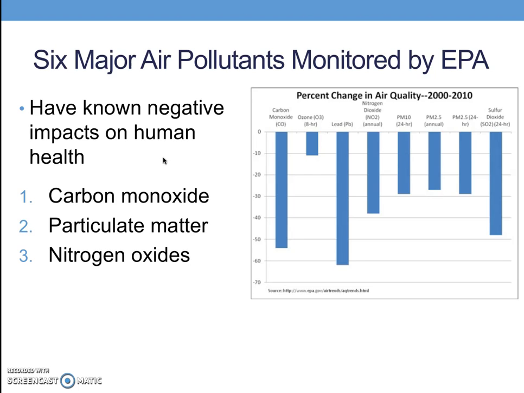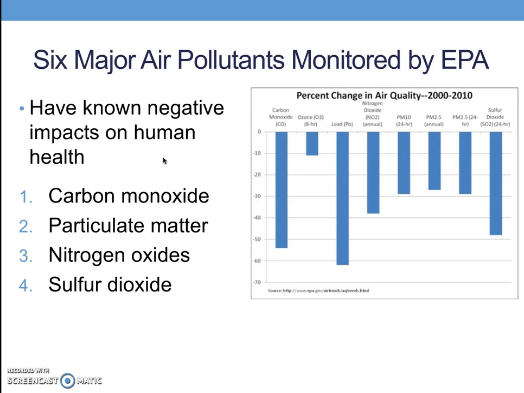The next pollutant is nitrogen oxide. Nitrogen oxide also can contribute to respiratory problems, and as we'll see later, nitrogen oxide can bind with water in the atmosphere to lead to acid rain.